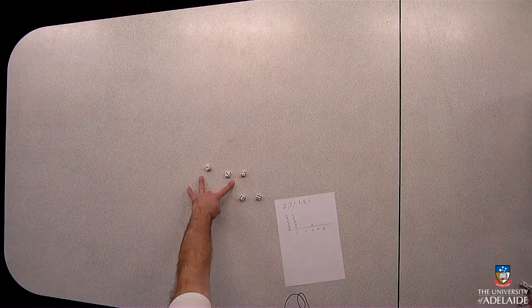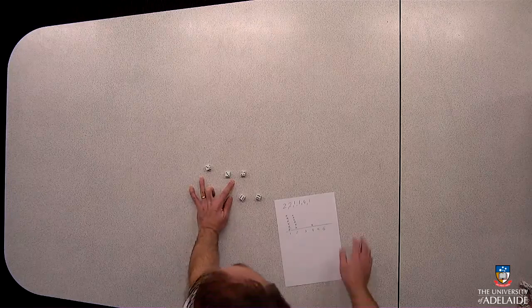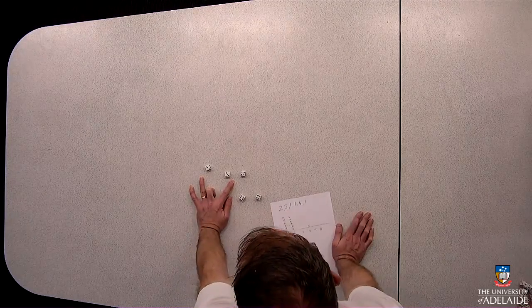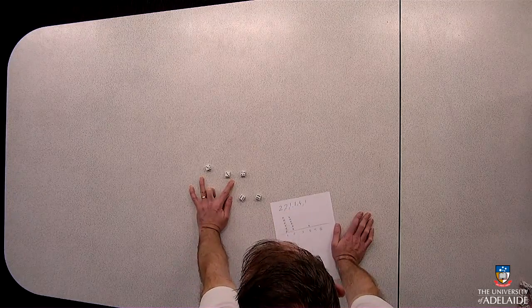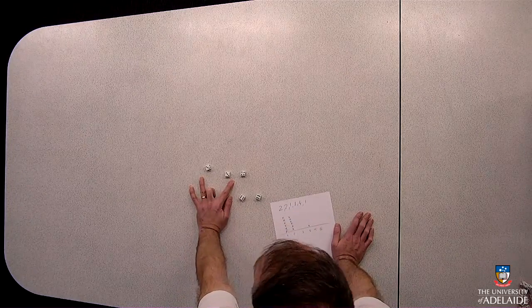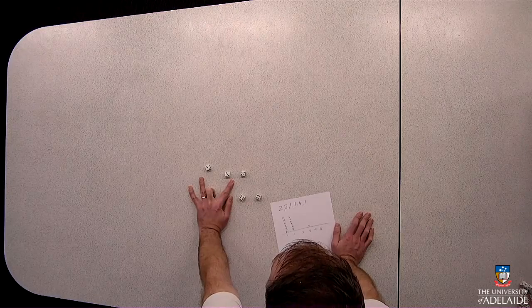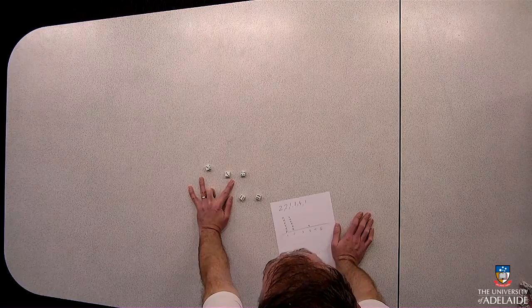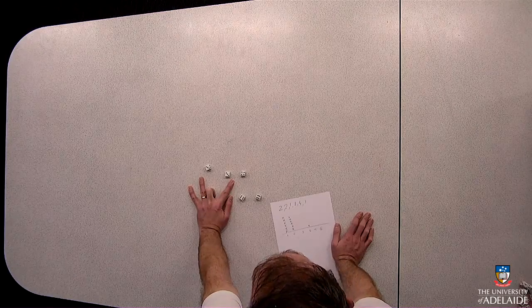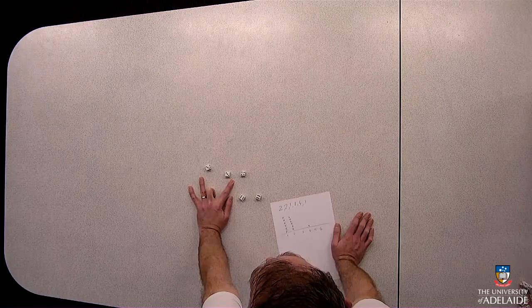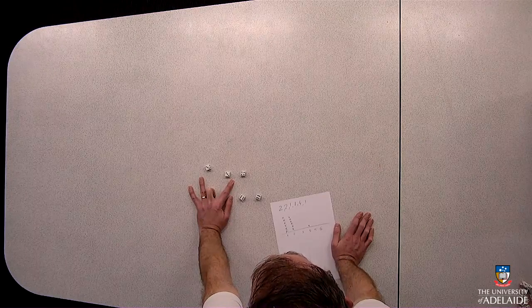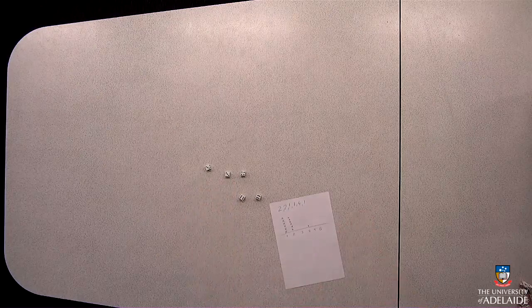Well, if two of them were less than or equal to 4, and the rest of them were greater than or equal to 4, then the third one would have to be greater than or equal to 4. Yeah. And they're both or equal to's.